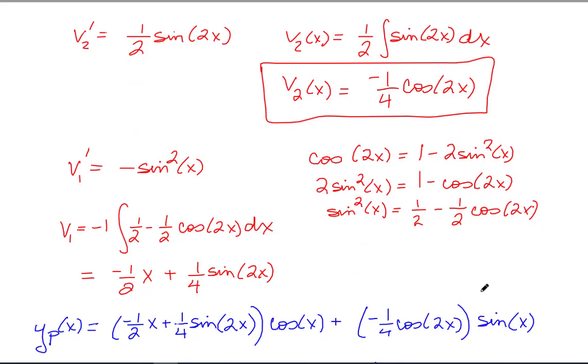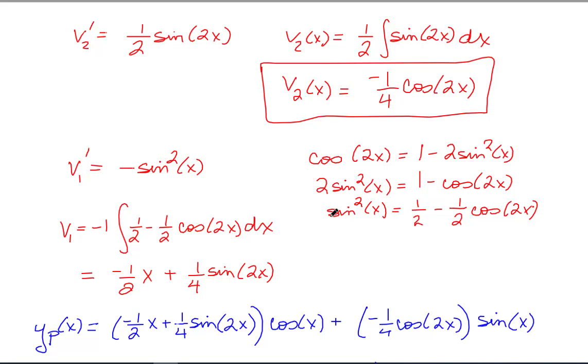Then I want to integrate minus sine squared. Again, I'm going to use some double angles. I know that cosine of 2x is 1 minus 2 sine squared of x. Let's start getting this piece by itself. Bring the 2 sine squared to the left, it's positive: 1 minus the cosine of 2x, and then divide by 2.